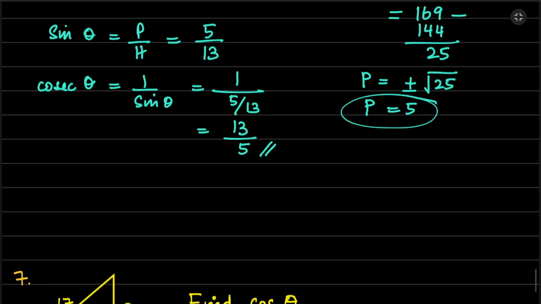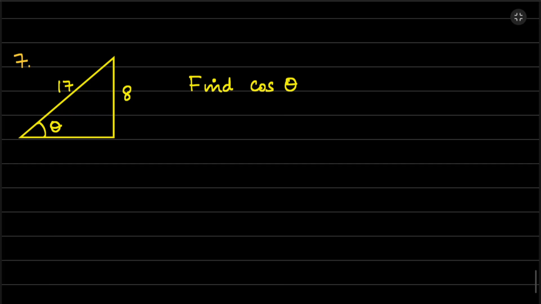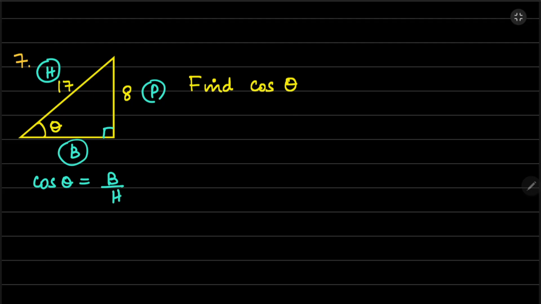Let's move on to the 7th question. Again, it's the same way. Let's mark, okay, this is your 90 degrees. So this is your hypotenuse, perpendicular and base, right? Okay. Now, cos theta is nothing but B by H. You don't know what B is. So let's use our Pythagoras theorem.